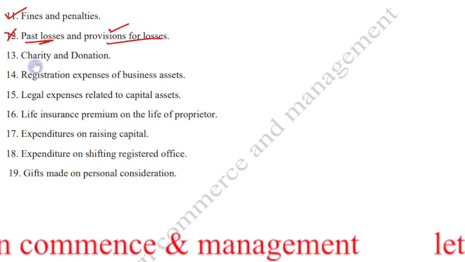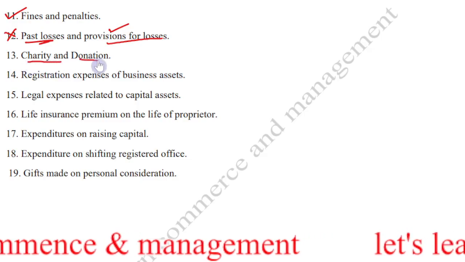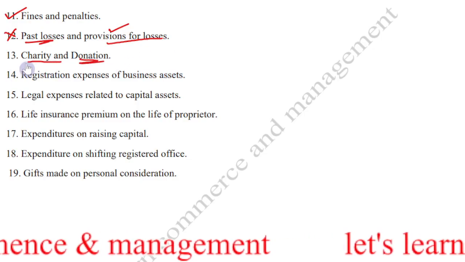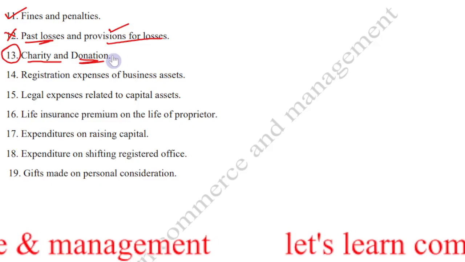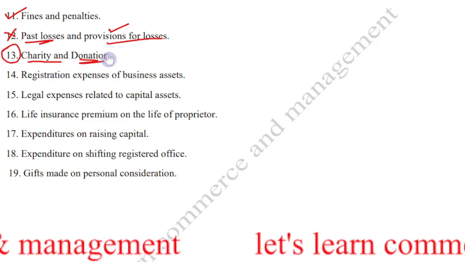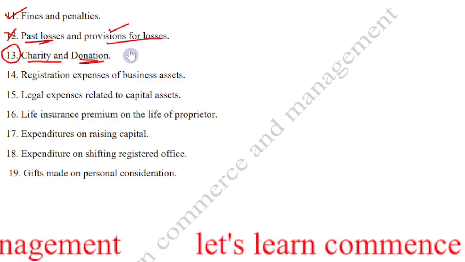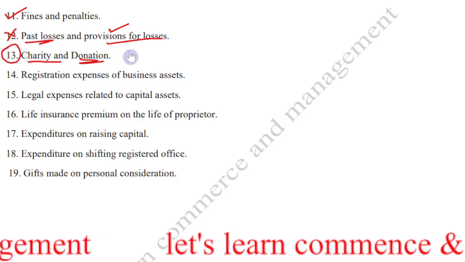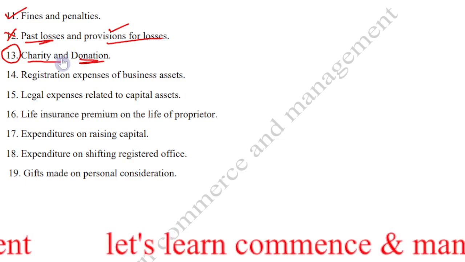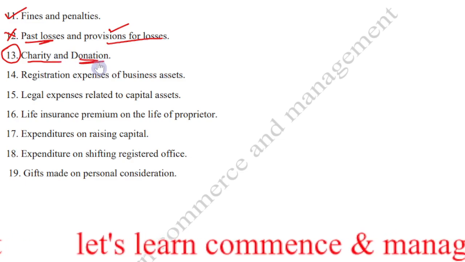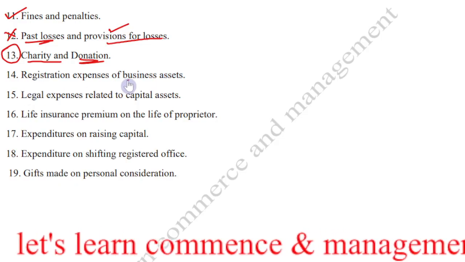Then charity and donation. If you are paying any charity and donation from the organization, then it is not allowed as deduction. For this, deduction will be allowed under a different head, but here it is not allowed as deduction. Then registration expenses of business asset.